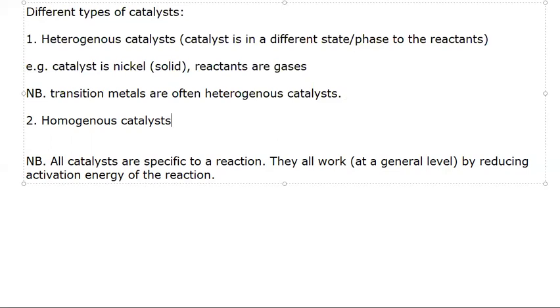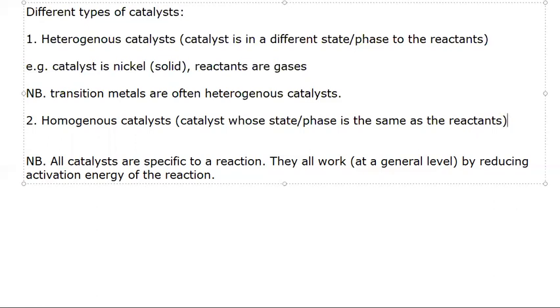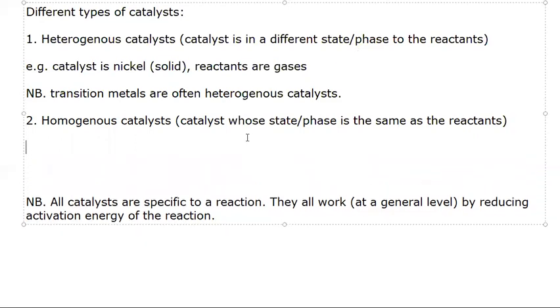And a homogeneous catalyst is basically a catalyst whose state or phase is the same as the reactants. So, liquid with liquid, gas with gas, and so on. So, for example, acid in an esterification reaction.